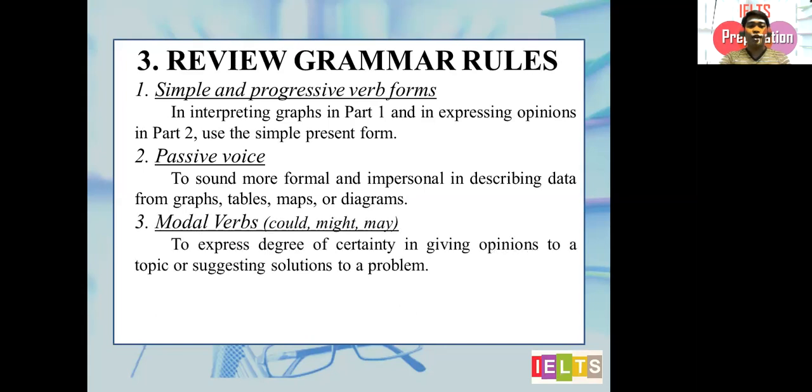Number 3, the modal verbs, the use of could, might, may. This is important to express degree of certainty in giving opinions on a topic or suggesting solutions to a problem. What if you come across a certain question or topic wherein they need your opinion, they need you to choose an option? For example, treating the patients or killing them, those who are diagnosed positive with COVID-19.